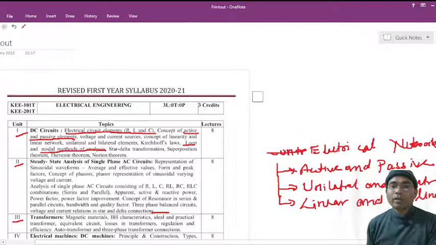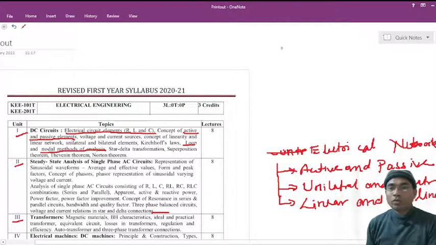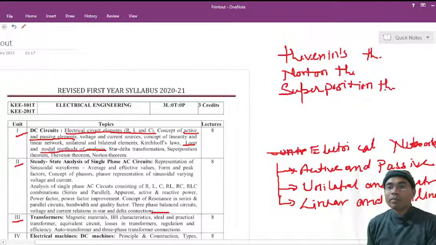The first theorem is Thevenin theorem. The second theorem is Norton theorem, and then the superposition theorem, and then the maximum power theorem, which is not mentioned in the syllabus but is an important theorem.